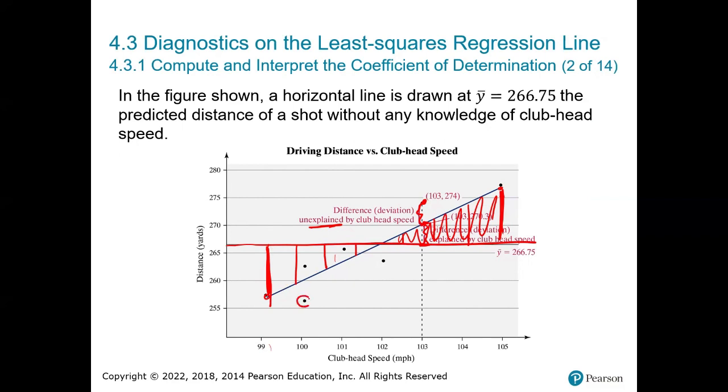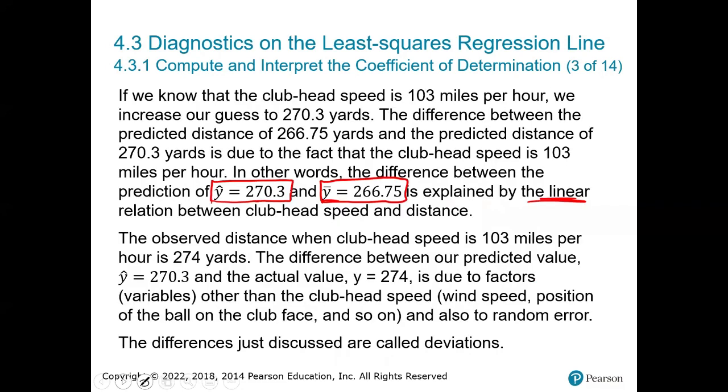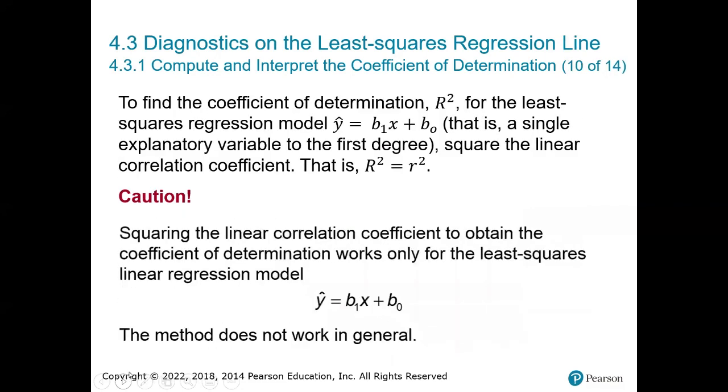Anything outside of that, so this is further away. Something happened to make this not go as far. So there's some sort of unexplained reason here why this one didn't do as good or why this one did better. This one's even a little better too. So there's some unexplained reason why those got a little better or a little worse than what should have been.